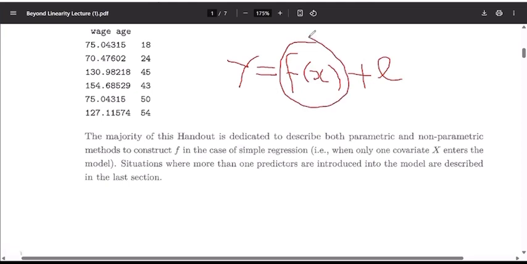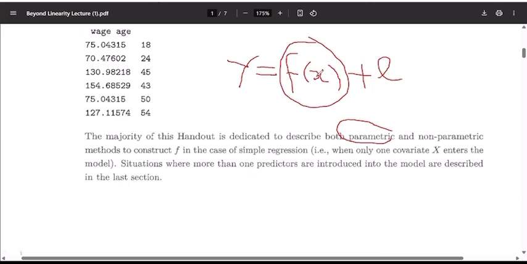Because in estimating that particular function, if I'm going to use the idea of a parametric approach, then I'm assuming that this function has a specific functional form. I'm going to say that again.